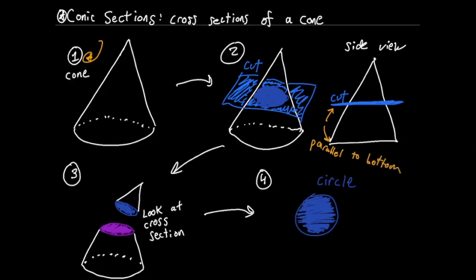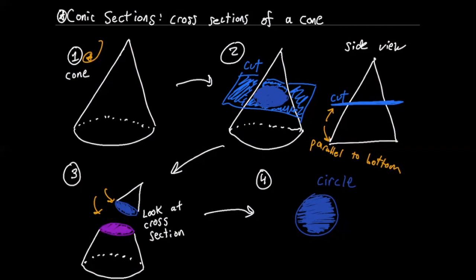So this section we're cutting out is exactly horizontal if we had the cone placed on a table. So we're cutting into this cone. And as you can see in step 3, after we cut it, we can take these pieces apart. And we're looking at the cross section, so the colored in parts of our cone here and here. And this cross section is the shape that we're studying.